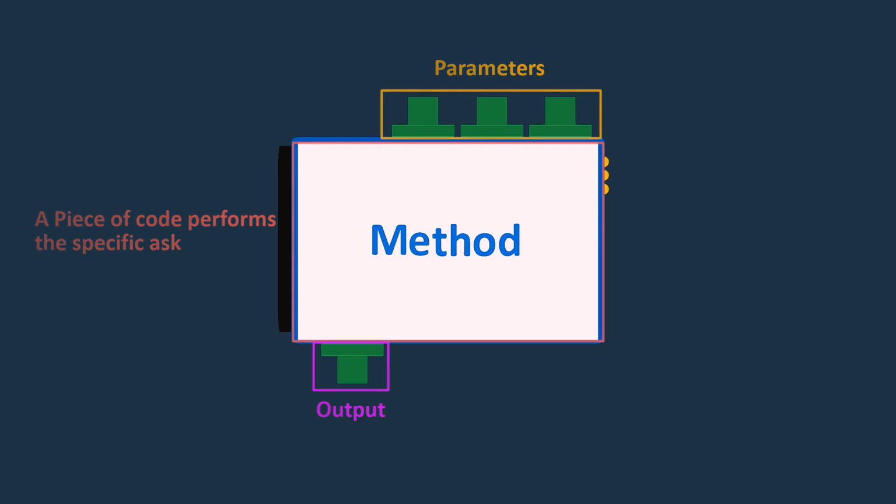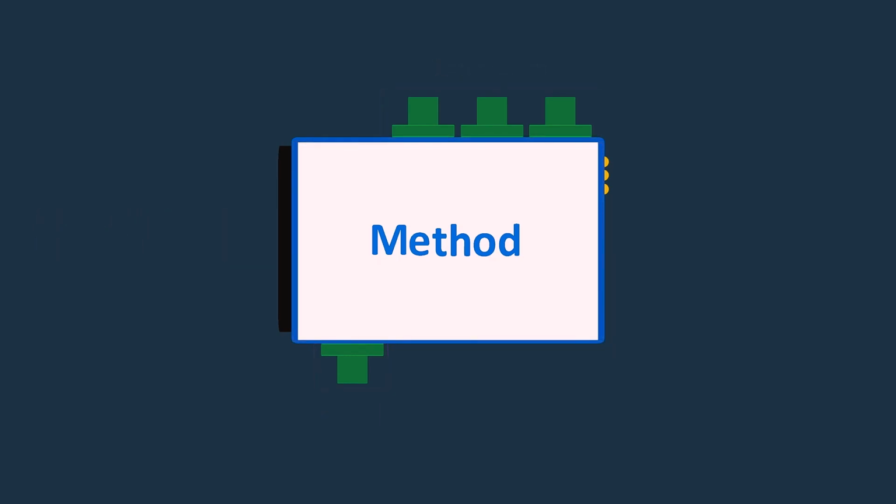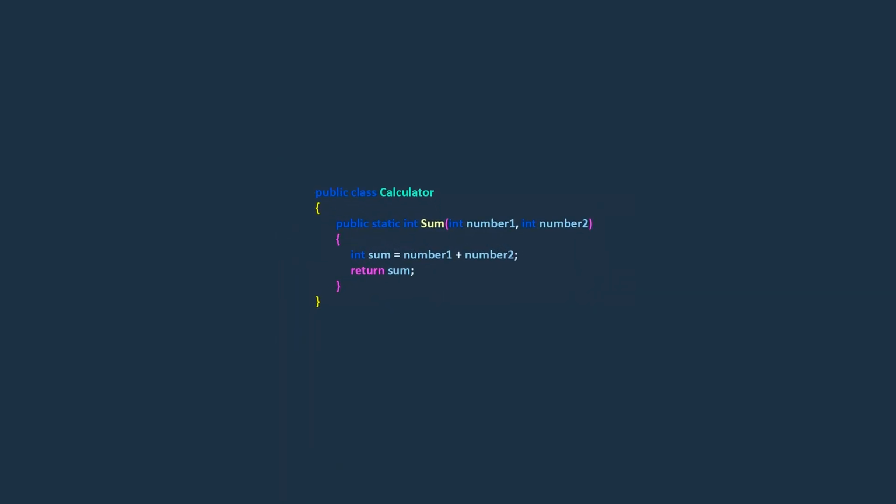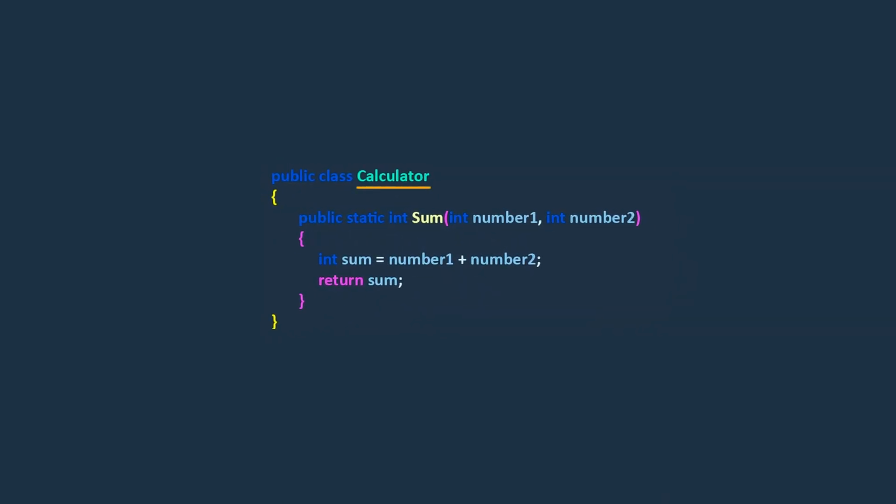However, it's worth noting that some methods may not have parameters, or may not return any value, or in some cases, both. Now, let's explore how to call a method in C# through an illustrative example. Let's consider a class called calculator that has a method named sum.